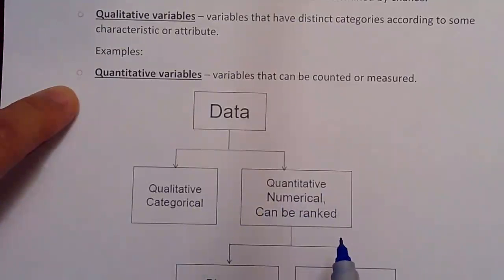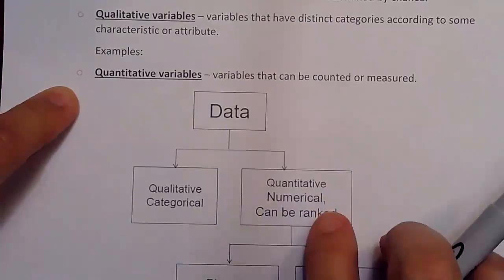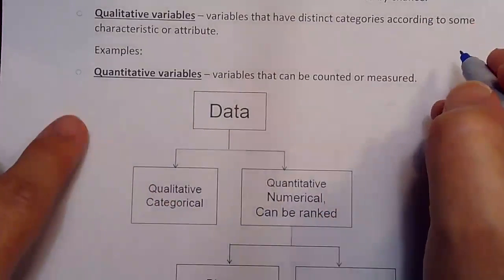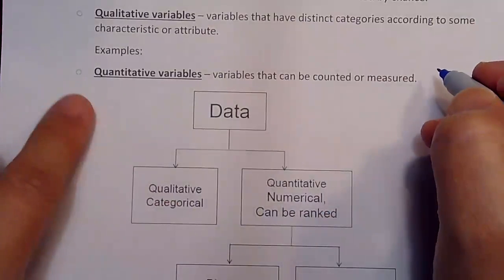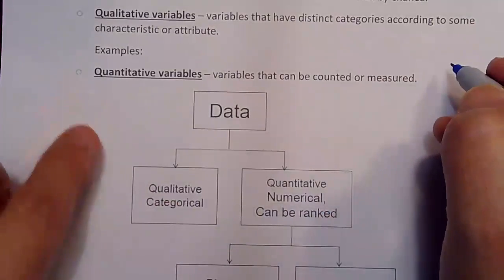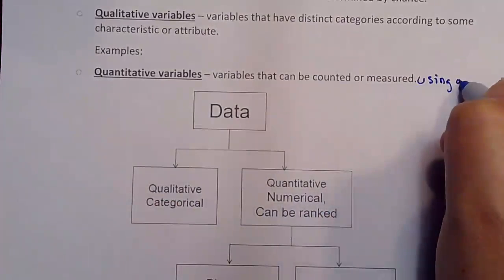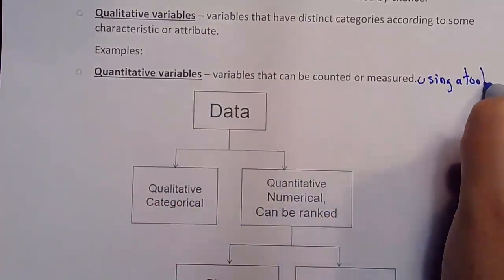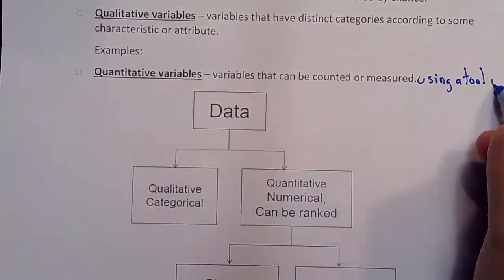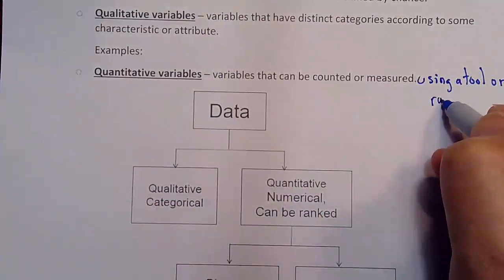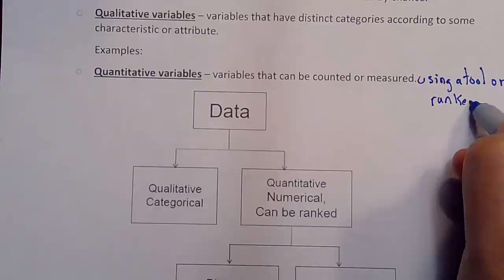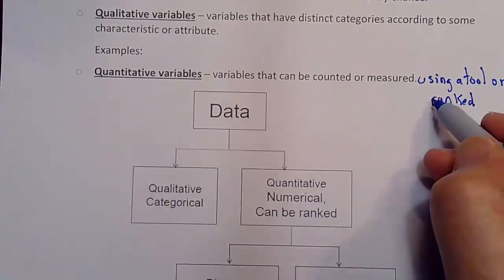Okay, so what I'm also going to do is on the quantitative, I'm going to add to this definition. It's important to say variables that can be counted or measured using a tool, okay, or also ranked, okay.